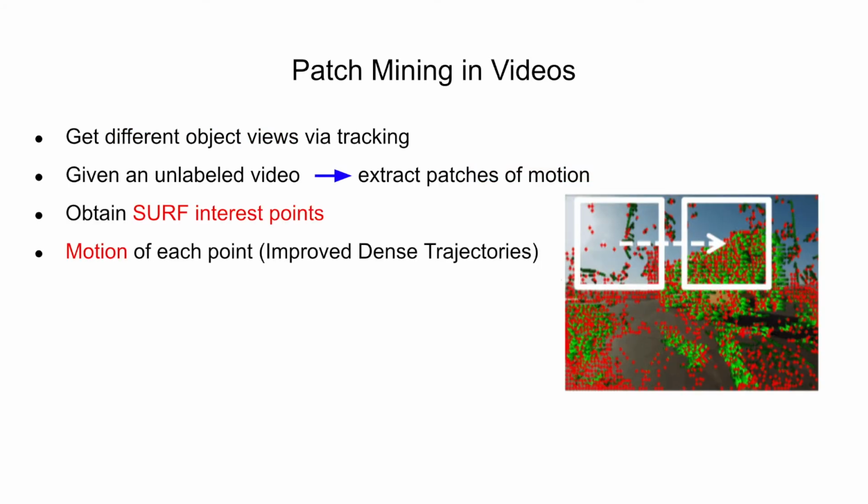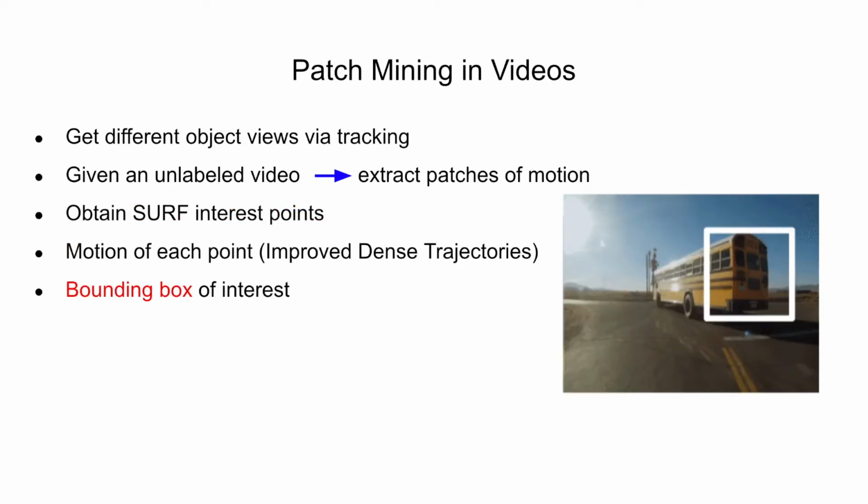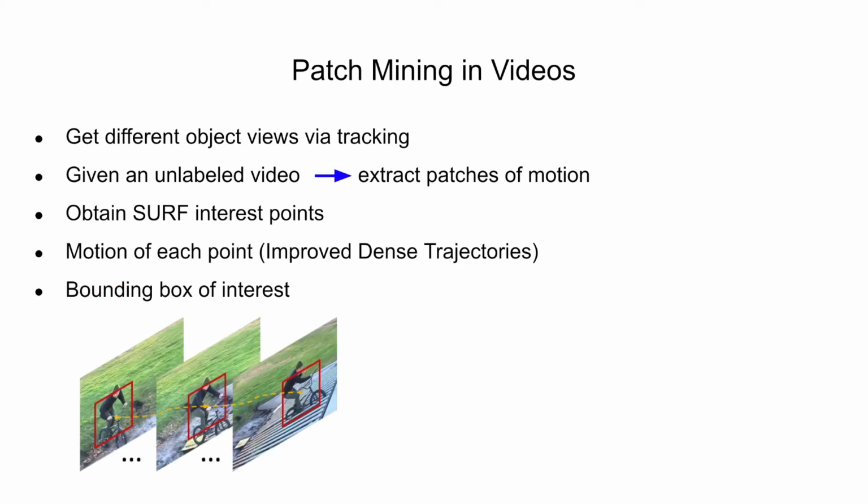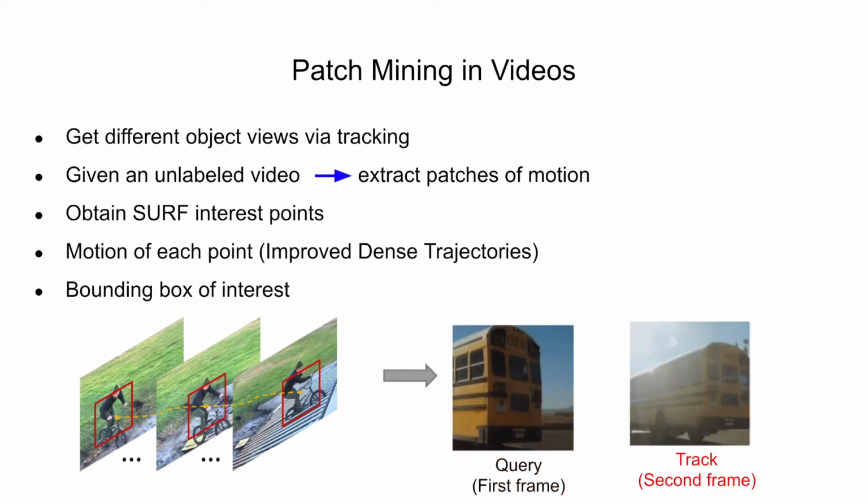They first obtained SURF interest points, and then used improved dense trajectories to obtain the motion of each SURF point. Finally, the best bounding box was found as the one containing the most moving SURF points and was used to perform tracking. Two different object views, the query and the tracked, were extracted from each patch of video frames and were used as training instances of the same object in the configuration we will describe next.